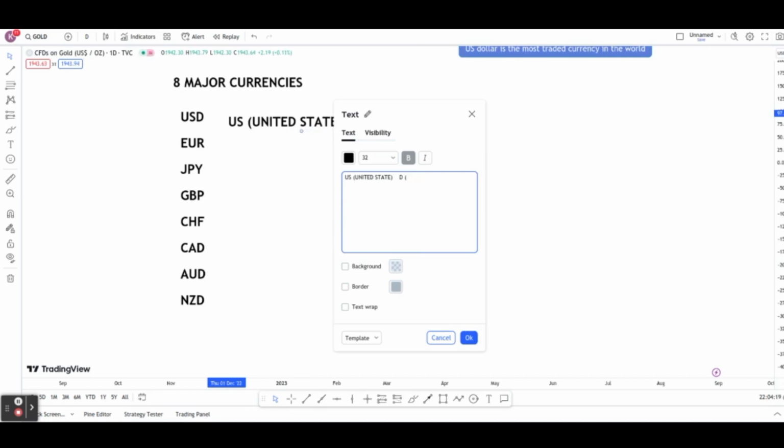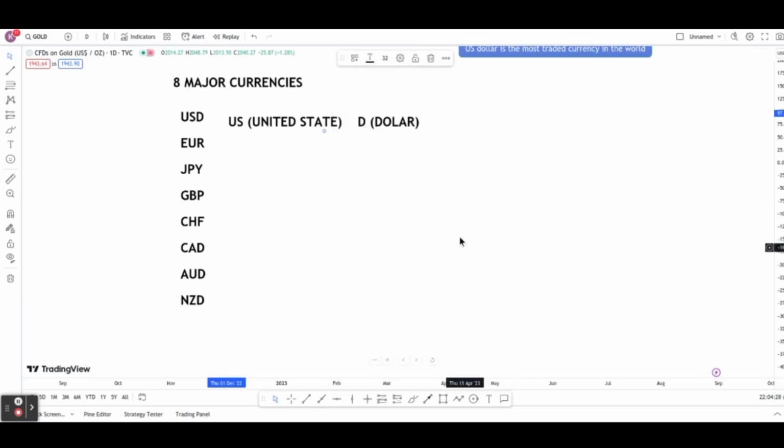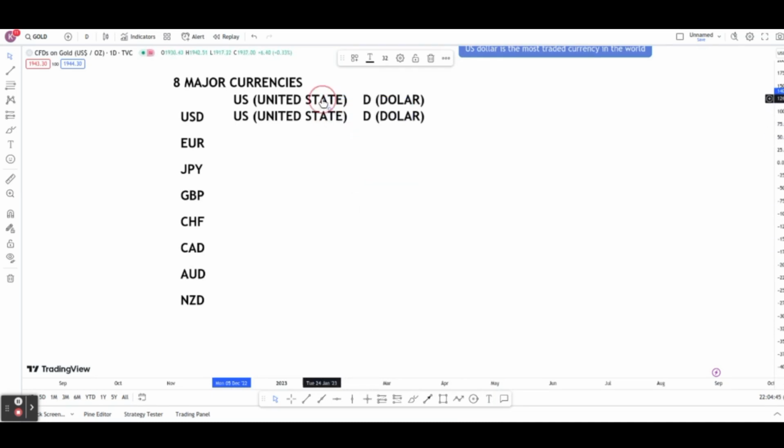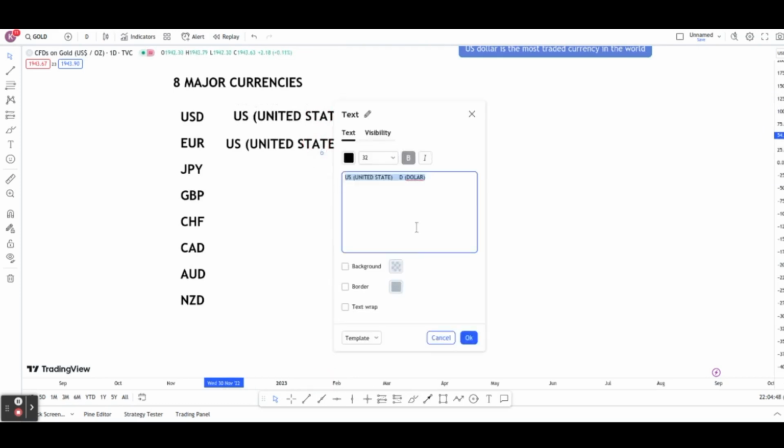You can see the US stands for United States, while the D stands for dollar. The following one now stands for Eurozone, that is European countries. You can just say Eurozone. The EU stands for Eurozone.